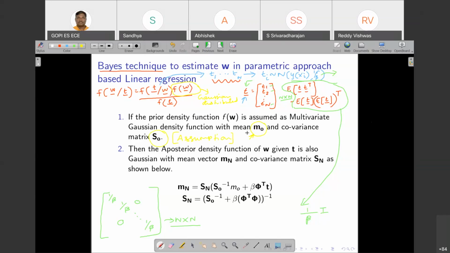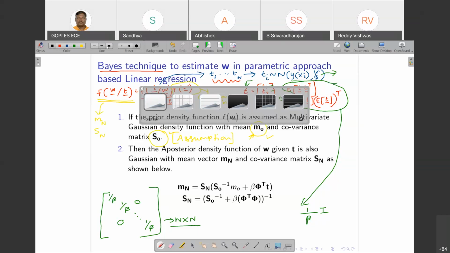If that is the case, if f of w is Gaussian distributed with mean vector m naught and covariance matrix S naught, then f of w given t is also Gaussian. That is also going to have a mean vector and covariance matrix. Let us say this mean vector is Mn and the covariance matrix is Sn.